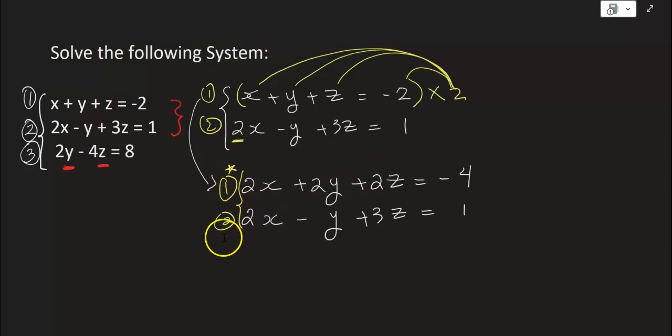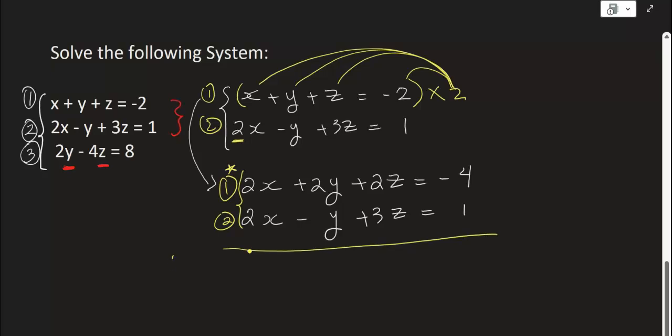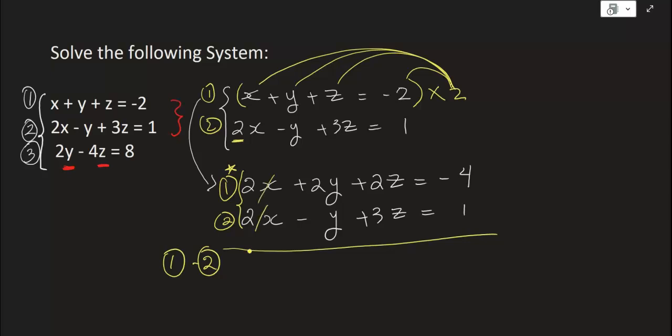Now that we have that, we're going to subtract, so equation 1 minus equation 2. 2x minus 2x is 0. 2y minus negative y gives us 3y. Then 3z minus 2z, that's negative z when subtracting, and then negative 4 minus 1 is negative 5.